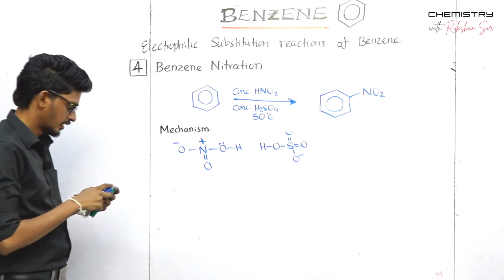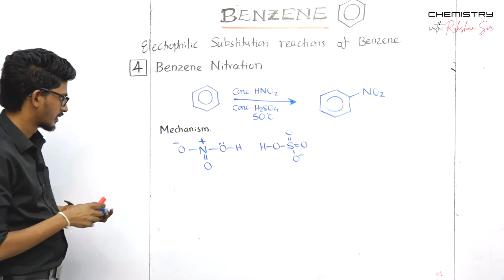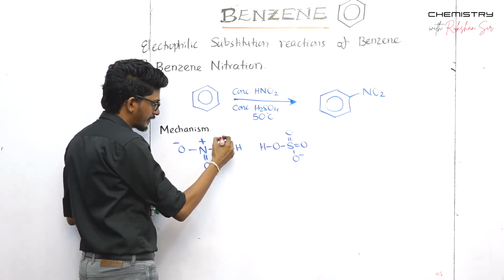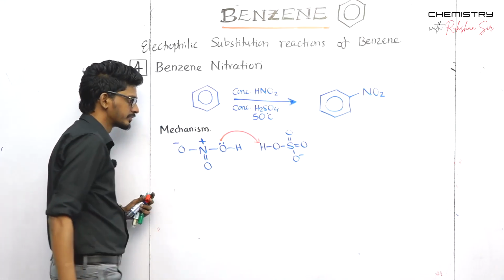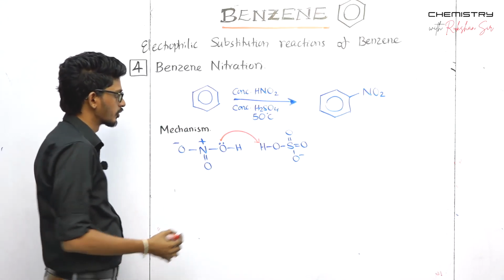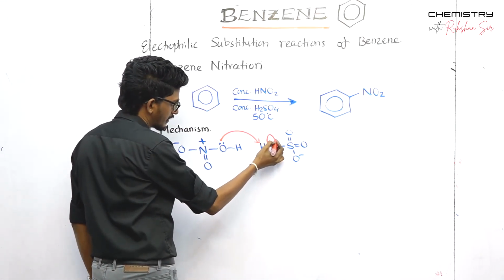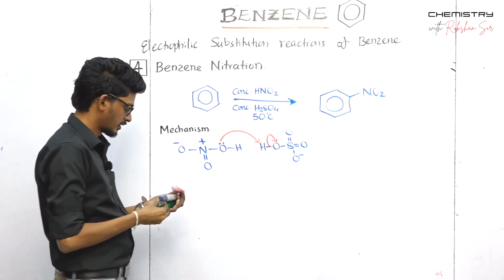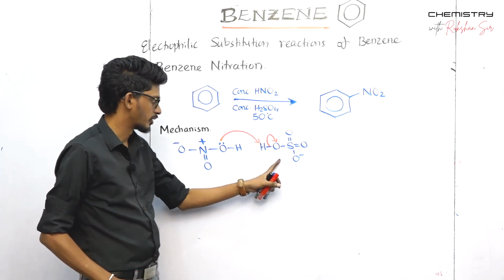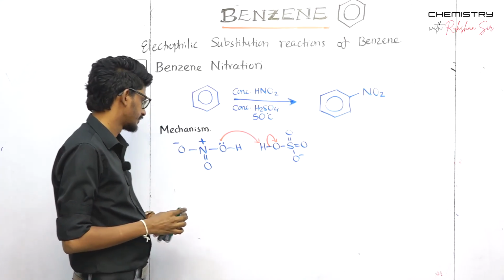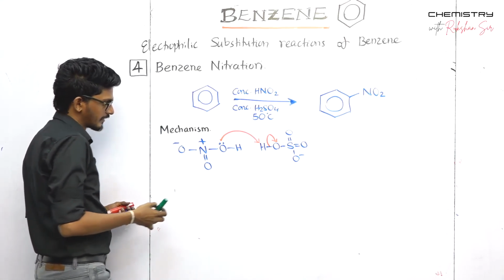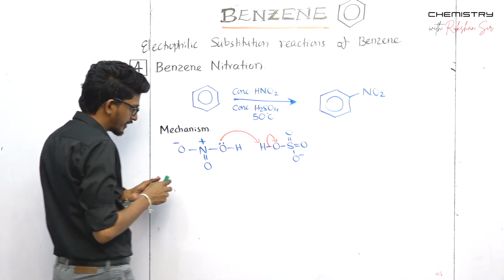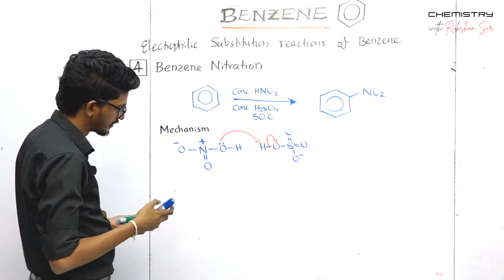H2SO4, right? So at this first step, this lone pair will attack this side here, which is delta positive, right? So that this pair will be released to the oxygen, right? So here this can be referred to as a Lewis acid as well as a Bronsted acid.